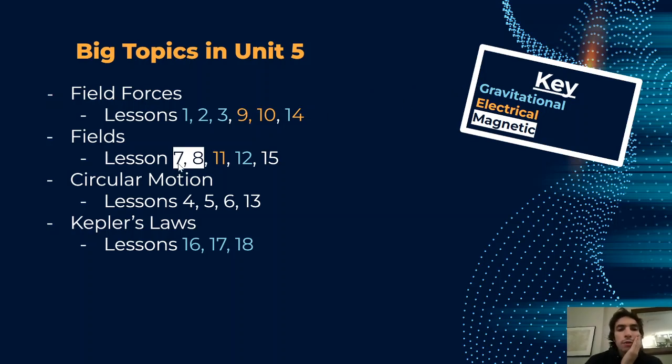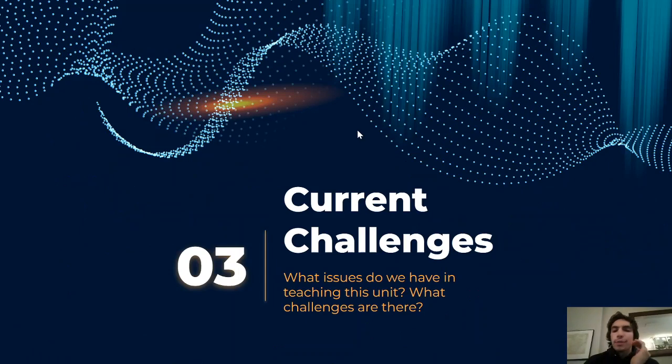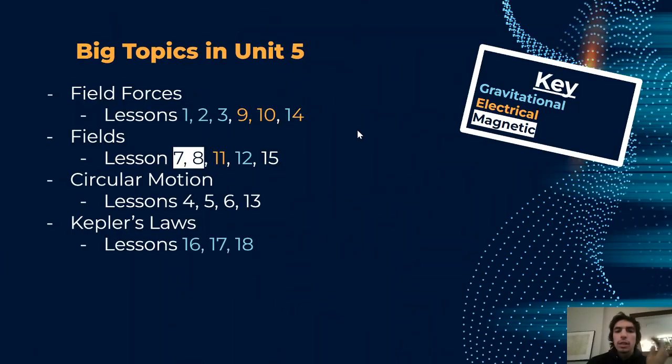And then for fields, we get into that in the middle of the unit, with 7 and 8 focused on magnetism. 11 is electrical fields, 12 gravitational, and then 15 a broad view of fields. Then circular motion and Kepler's laws at the end, and those Kepler's laws are obviously more focused on gravitational than electrical forces. So that is very briefly what is in this unit.